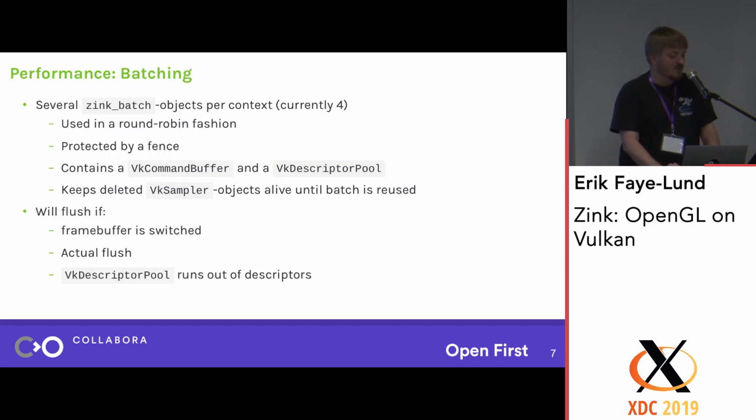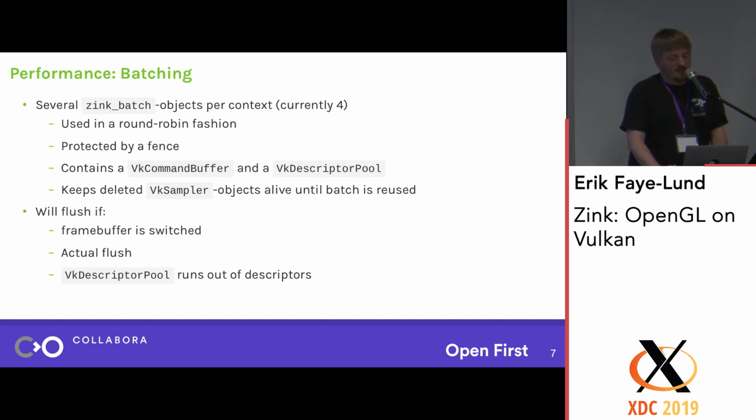One thing that's not in that drawing, because that drawing is a bit old, is that since the last time I presented about this in detail, we added some batching, and it's not extremely sophisticated. We just have some Zink batch objects that have a bunch of resources on them, and are used in a round-robin fashion, and flushed and stalled for whenever we're out of batches.